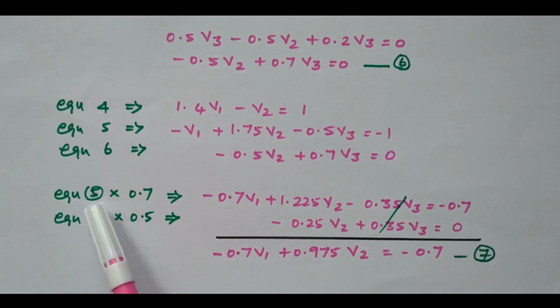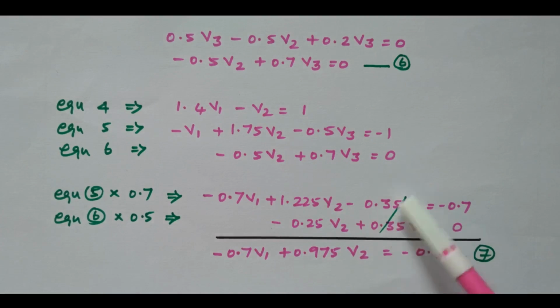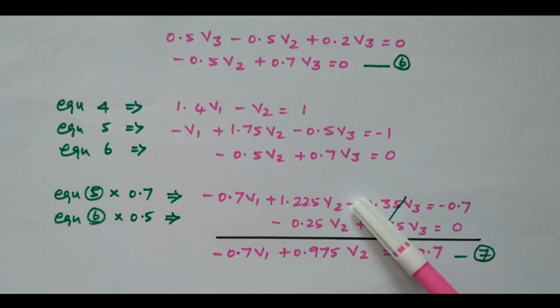So equation 5 is multiplied by 0.7. This equation is available. Equation 6 is multiplied by 0.5. This equation is available. See, these two are the same, one is negative and one is positive. So easily we can add these two equations. By adding, automatically this got cancelled.